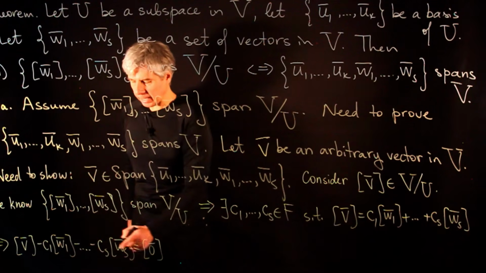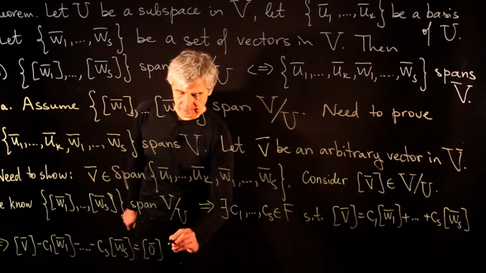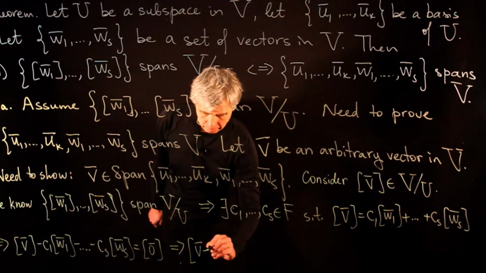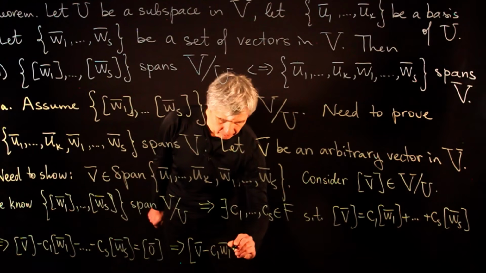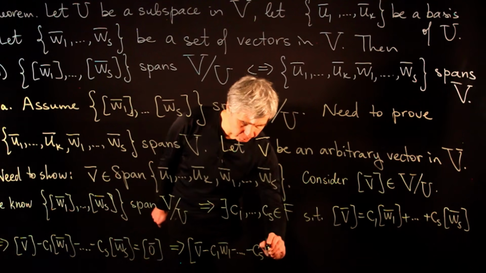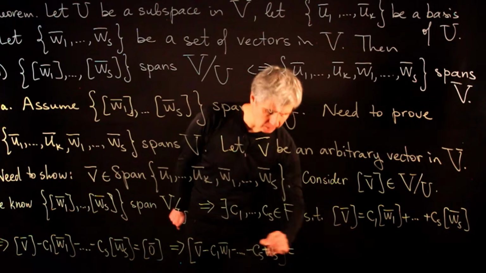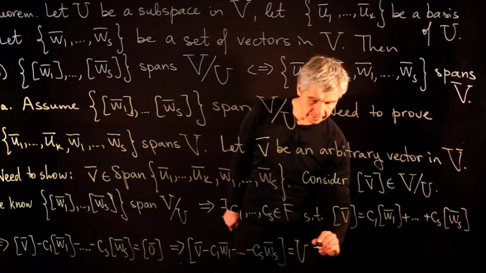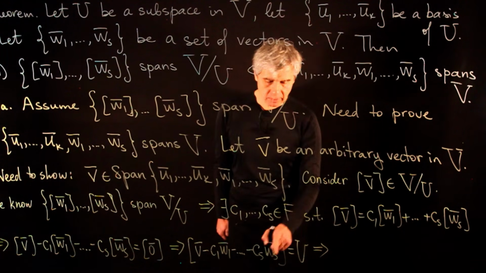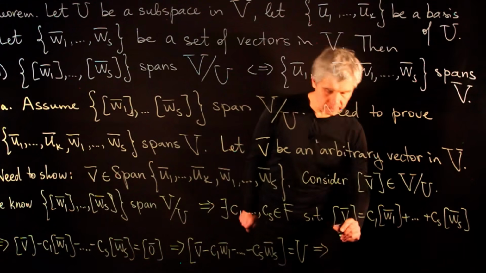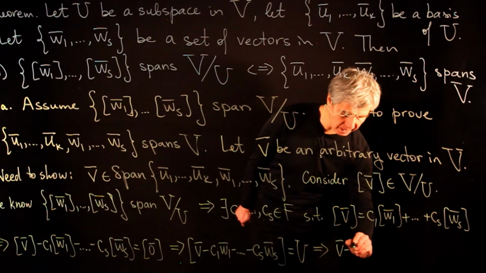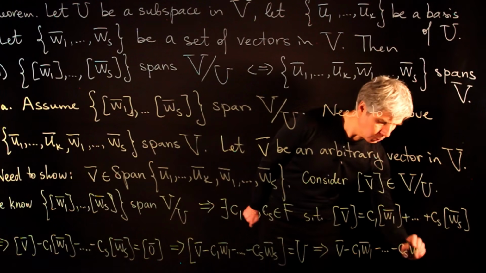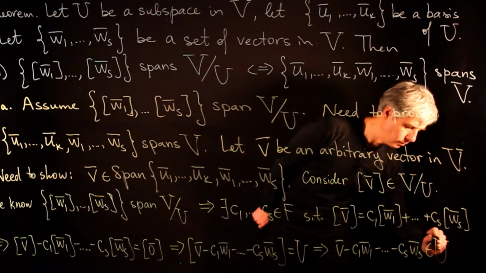Using the way we define operations on our equivalence classes, this tells us that the equivalence class of V minus C1 W1 minus CS WS is equal to the equivalence class of 0, but this is our subspace U. This tells us that the vector we have here is in fact in this subspace. So V minus C1 W1 minus CS WS belongs to U.